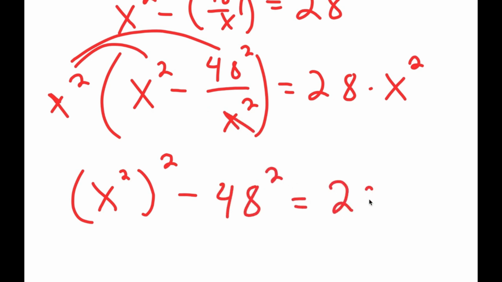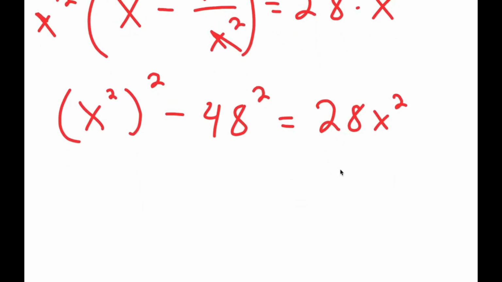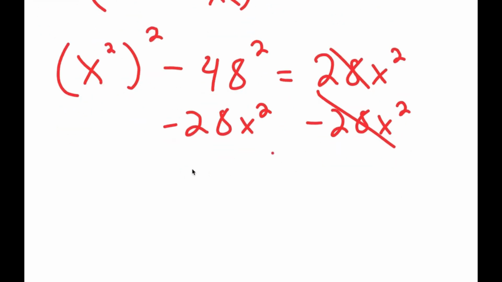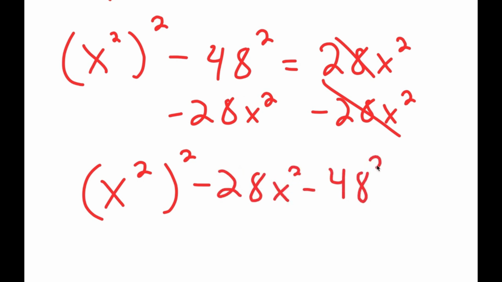And now this is equal to 28x squared. Now I'm going to subtract 28x squared on both sides. So I get (x squared) squared minus 28x squared minus 48 squared is equal to 0.